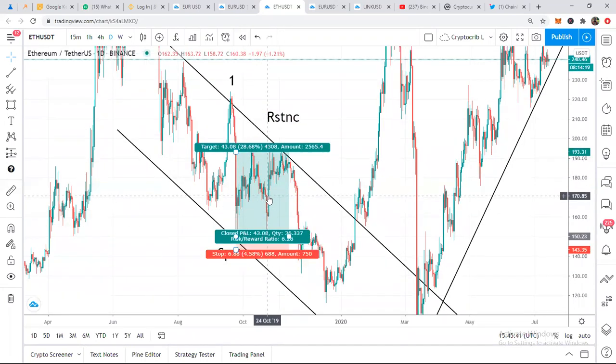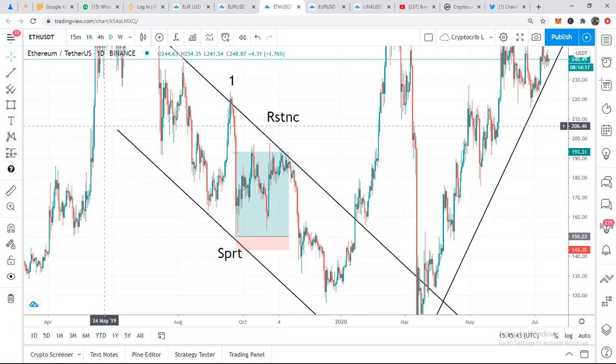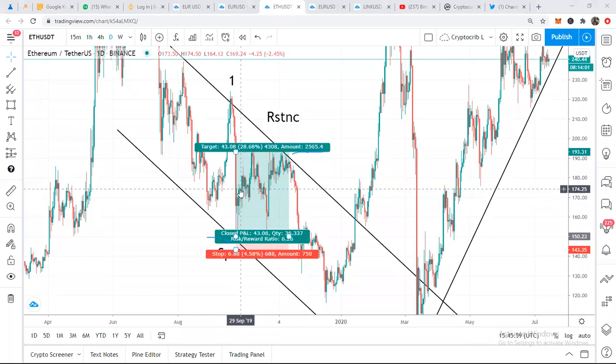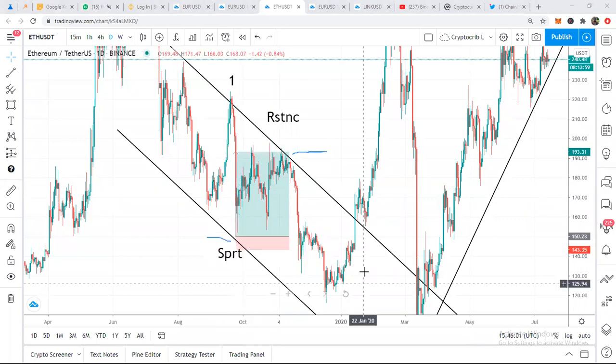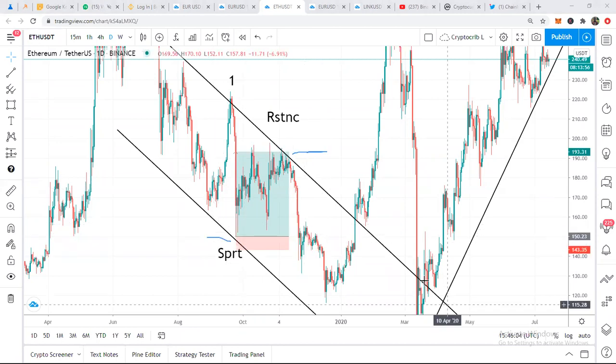Now the long position says if you buy from this support, and the price increases to this point, which is the resistance, you've made how many percent profit? 28% profit. But if it goes the other way around and it reaches this point, the end of this support, that means you should sell or close your position.